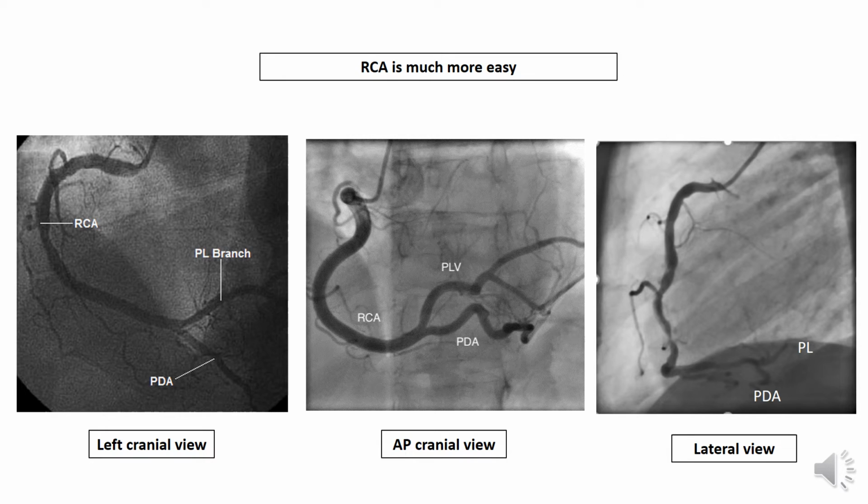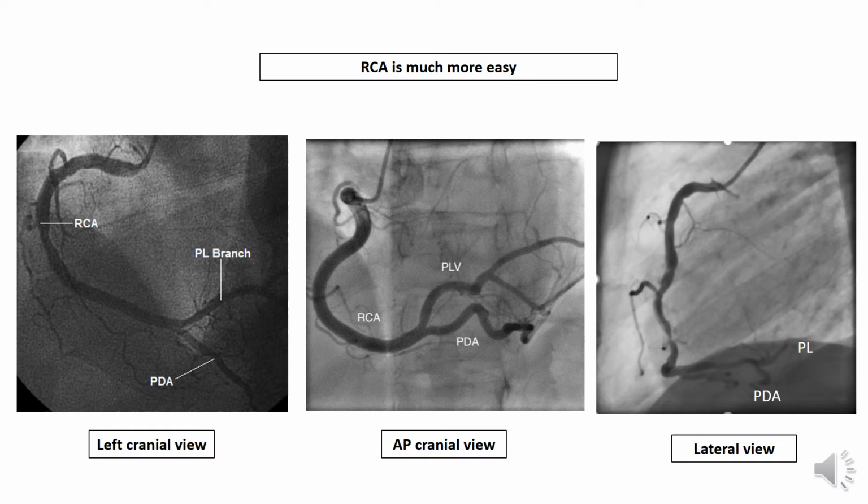So it is a valuable view for assessment of the distal segment of the RCA and its terminal branches. As we discussed before, the posterolateral branch runs in the AV groove, as a continuation of the right coronary artery in a C-shaped manner, and the one that leaves the RCA and descends downward in the posterior interventricular septum is the PDA.